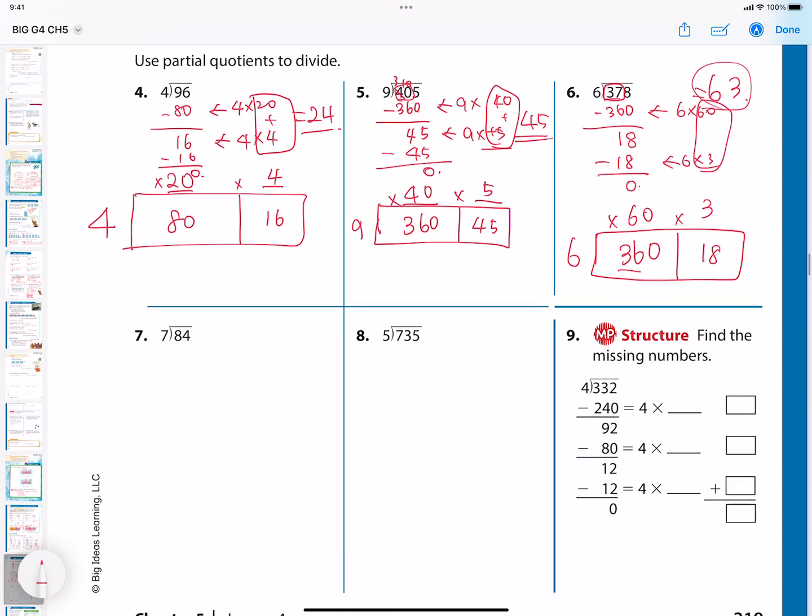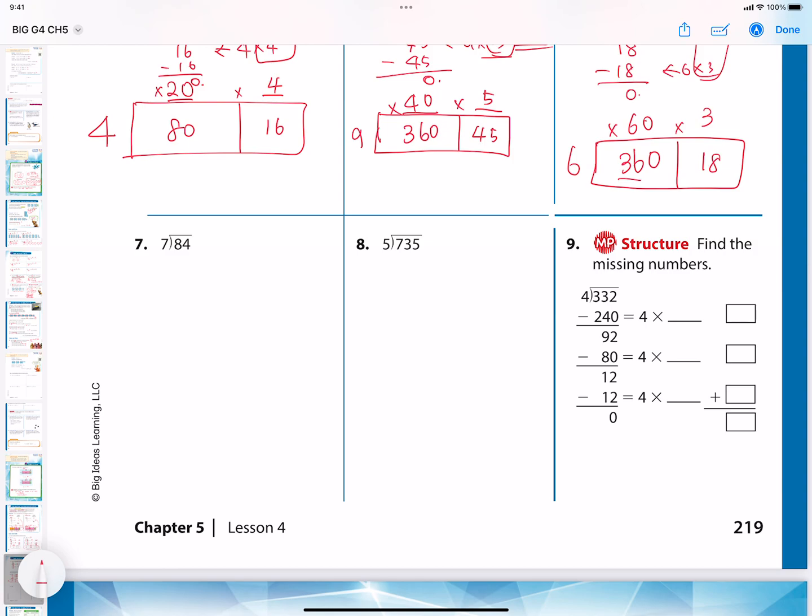Number 7, 84 divided by 7. Okay, so since I know 7 times 10 is 70, let's work that one first, right? So 7 times 10 is 70, and then what is left over?